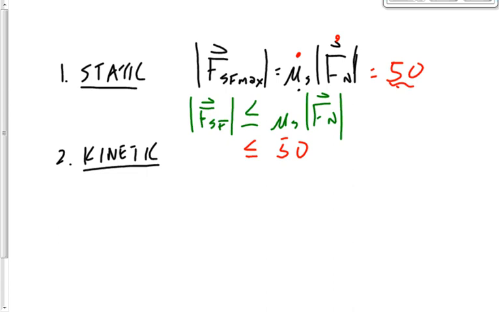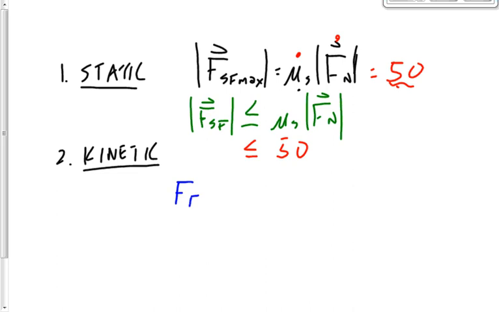Once I exceed the maximum possible value, then static friction is gone. Now I have to worry about kinetic friction, which is the friction of motion, the friction that tries to slow down an object, tries to make an object stop.